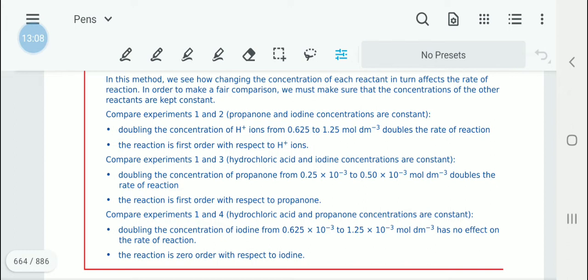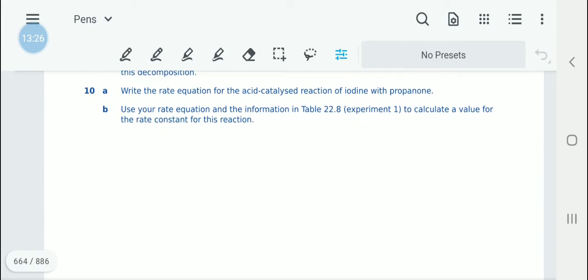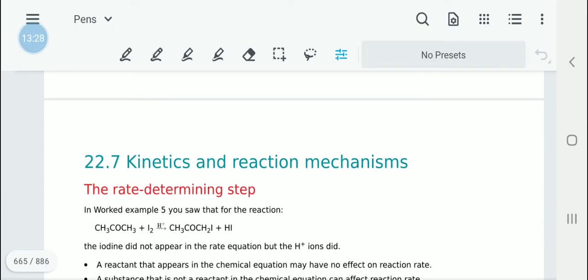So that means for propanone it is first order. Then for H plus, from HCl, it is again first order, because when you double the HCl concentration, the rate of the reaction doubles. I hope you understood. You will have to do questions 8, 9 and 10.